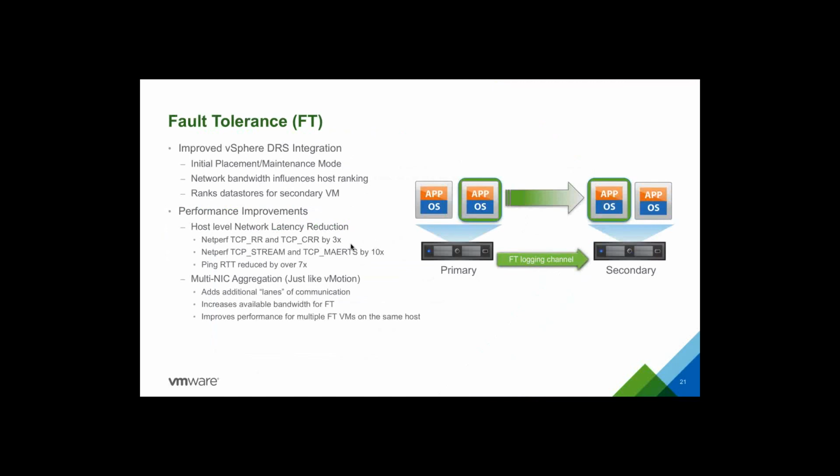So you can get those additional lanes of communication between the primary and the secondary host, giving you even more capability within FT VMs that are producing a lot of bandwidth and a lot of network traffic. So if you don't have 40 gig networking or 100 gig networking, you can bind multiple 10 gigs together and get the same benefit from that.